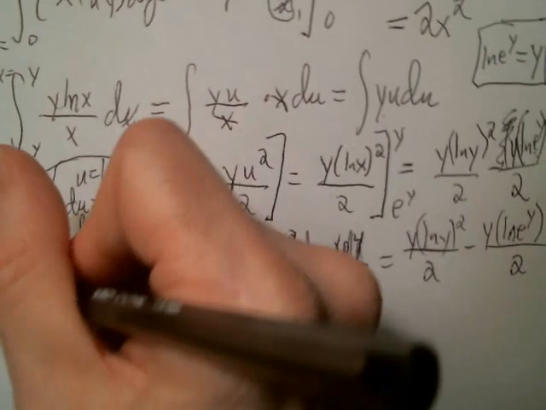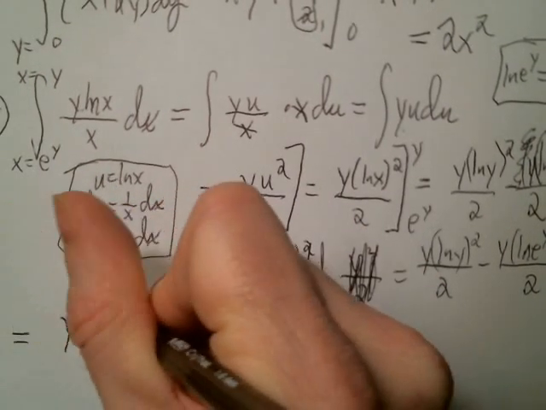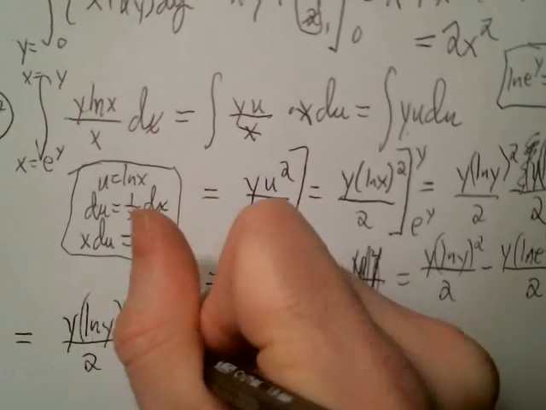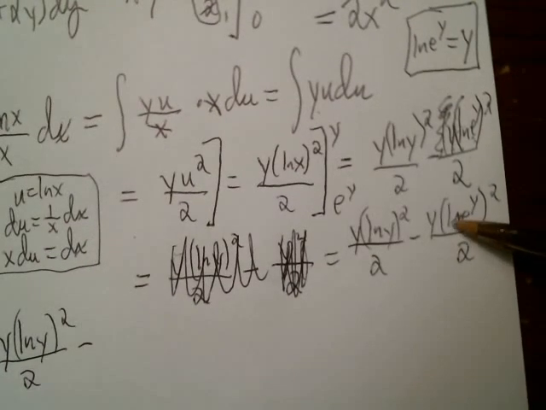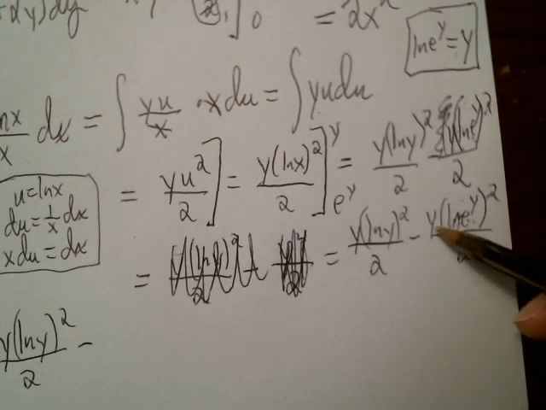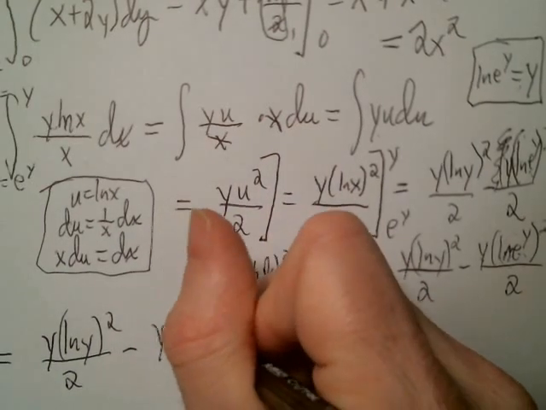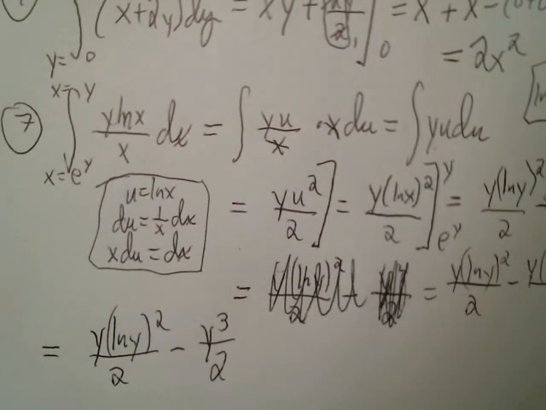So the first part, there's nothing I can do about it. It's just y ln y squared all over 2. Okay, and then minus this part right here. So this will be y, so you'll have y squared, and then times another y, so that would be y cubed all over 2. Okay. So there's that business.